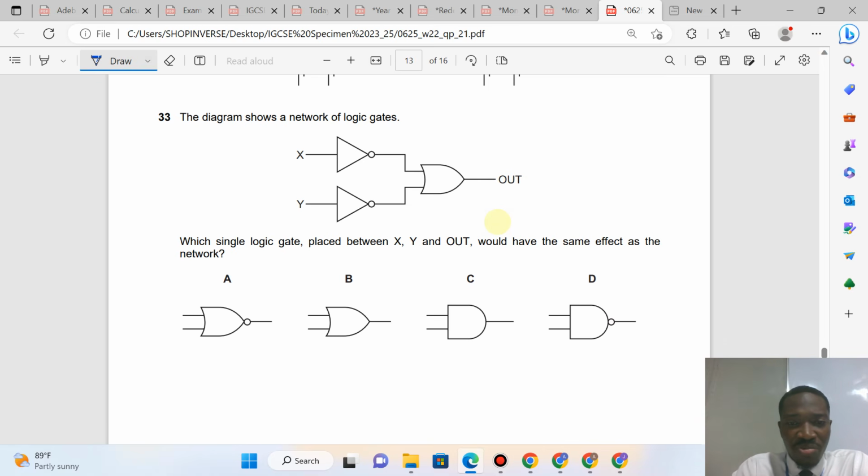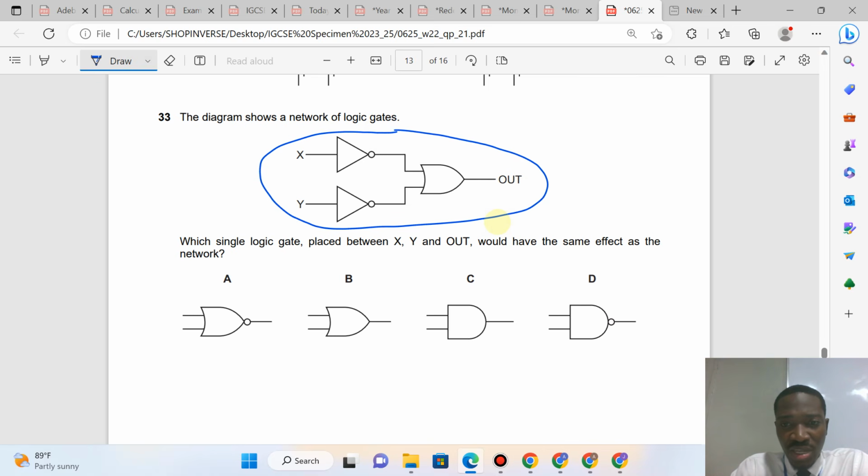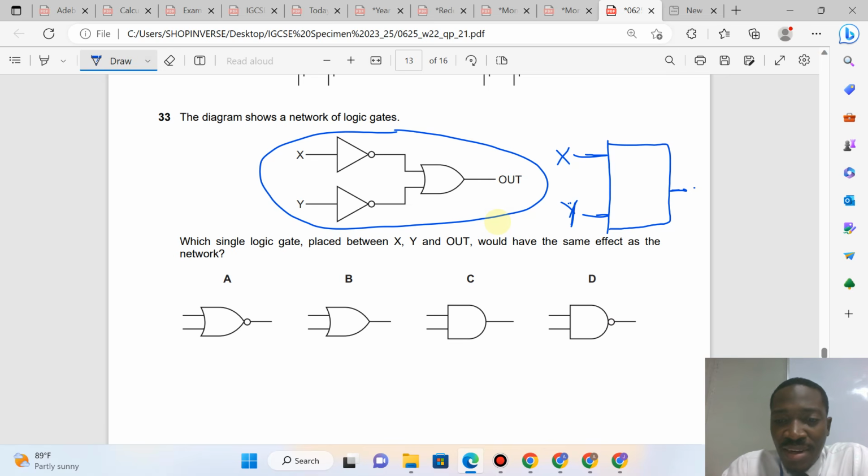That means if we replace this entire network with something placed between X, Y, and the output, it will have the same effect as the original. What is that thing? That is the NAND gate.